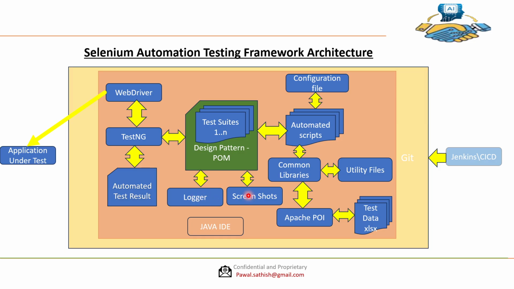Next is the screenshot: if any test case fails while executing the scripts, we take the screenshot. And using WebDriver we kick off the AUT, the application under test, and after that we store the test result.